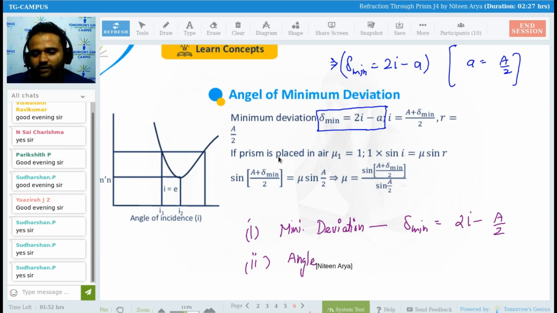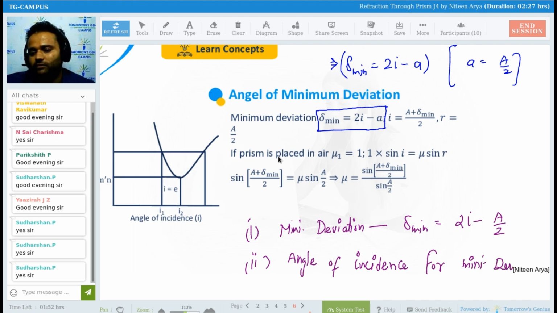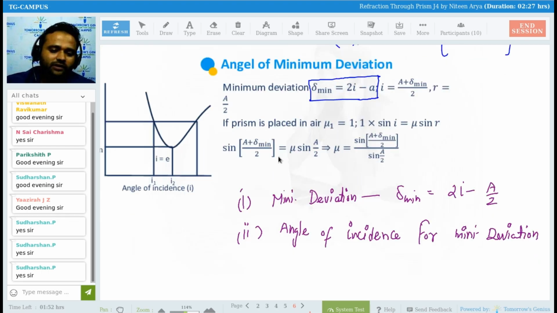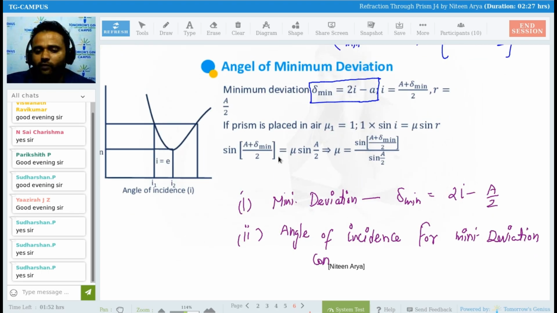How can they ask it? They don't ask this directly. The numericals are framed in that way: find the angle of incidence for minimum deviation condition.